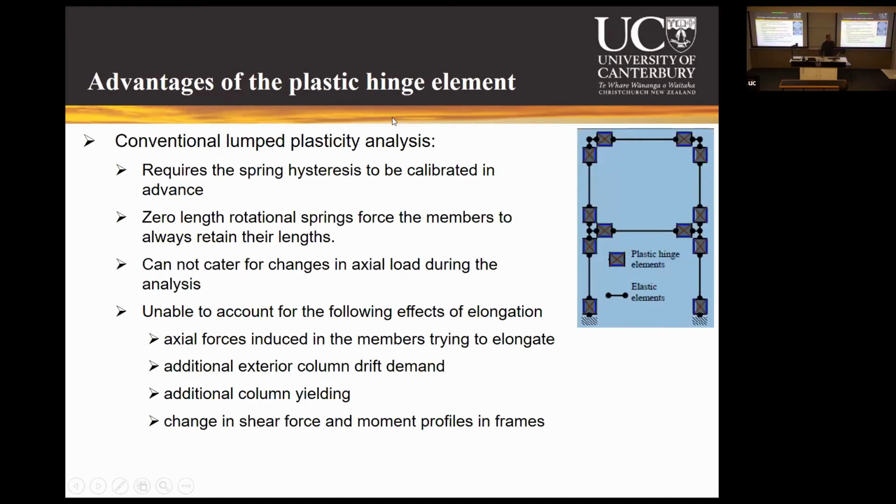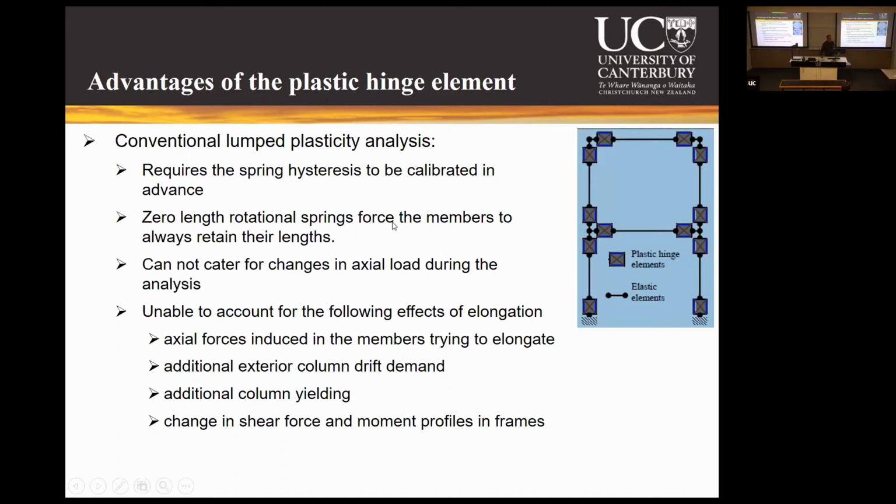And then the advantages of this plastic hinge element. Obviously we cannot highlight the advantage without looking at what the issues are with the conventional lumped plasticity. Lumped plasticity requires spring hysteresis to be calibrated in advance. You have to calibrate the moment and rotation at different milestones.